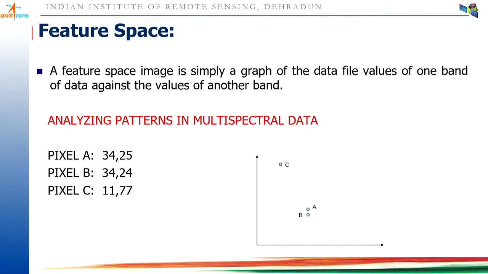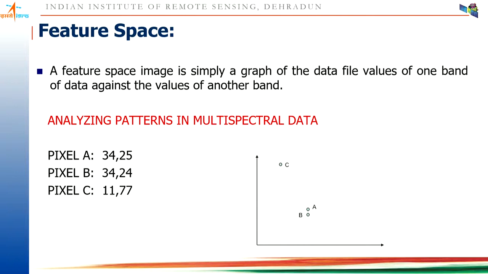To overcome this problem, the method applied is that instead of plotting these pixels based on their row and column, we can plot these pixels in an n-dimensional graph. Please listen to this. We can plot these pixels in an n-dimensional graph based on their pixel values. What does this mean?